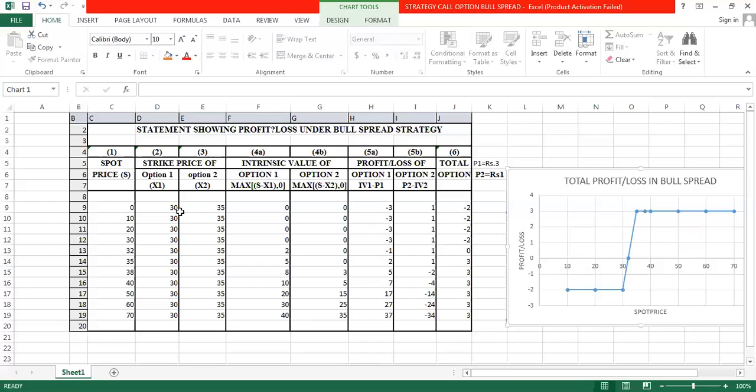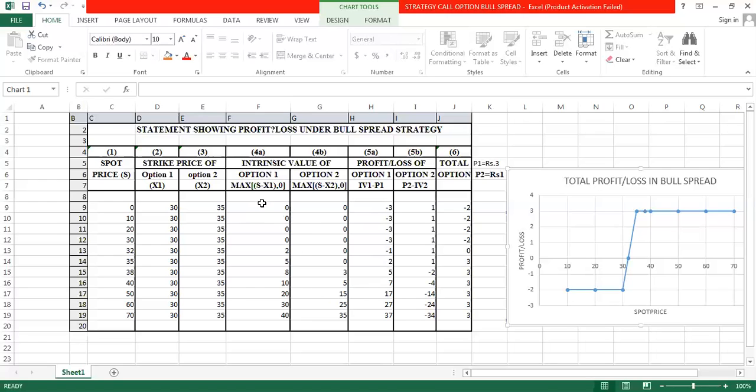That is why the formula for calculating intrinsic value is max of S, the spot price, minus the strike price of the option, comma 0. So if S minus X1 is positive, that result will come here. And if it is not positive, that means negative or 0, the second result 0 will come.